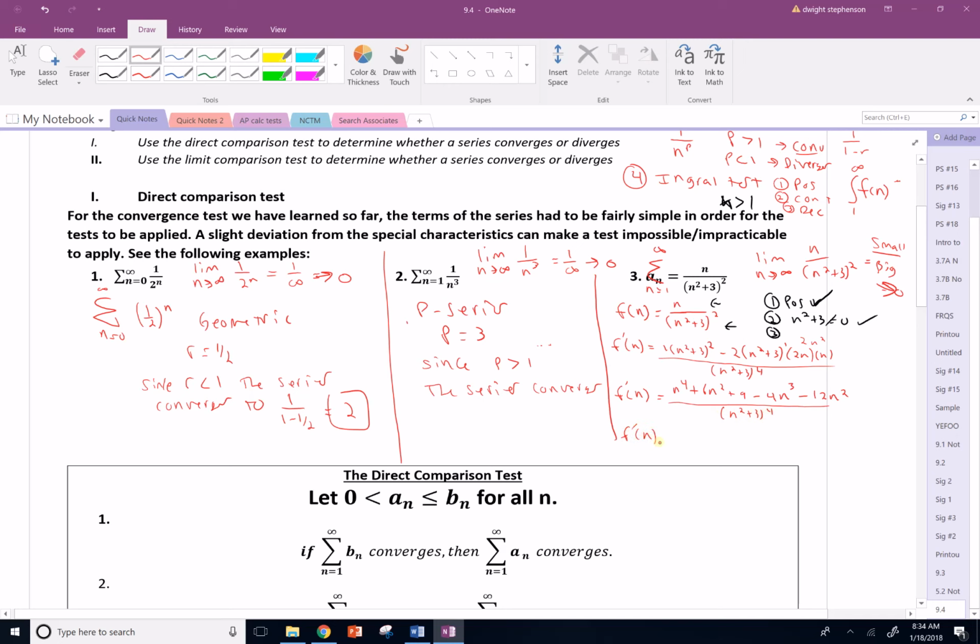And a little bit more cleanup, sorry, this is to the 4th power here, because we have n squared times n squared. So clean this up a little bit more. You get negative 3n to the 4th minus 6n squared plus 9, all over (n squared plus 3) to the 4th. And if you factor this, you get negative 3 times (n squared plus 3) times (n squared minus 1).